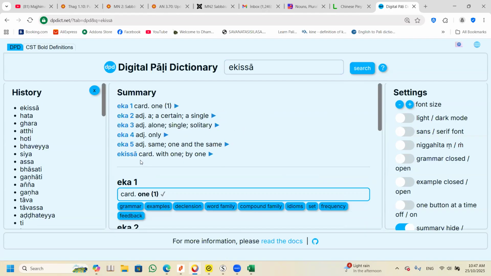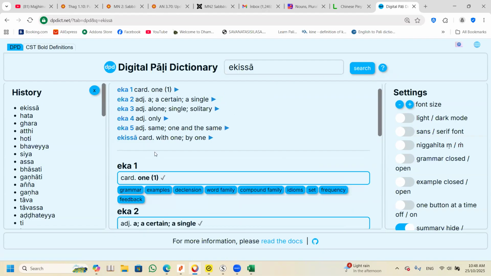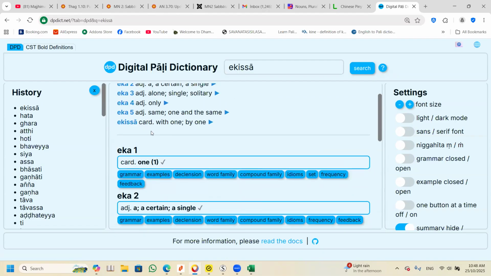Can you see? There the word card I also cannot understand. Cardinal number. Okay, cardinal number. That means it comes from eka. That means here it should be instrumental.